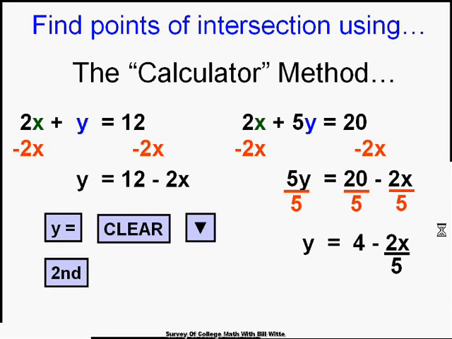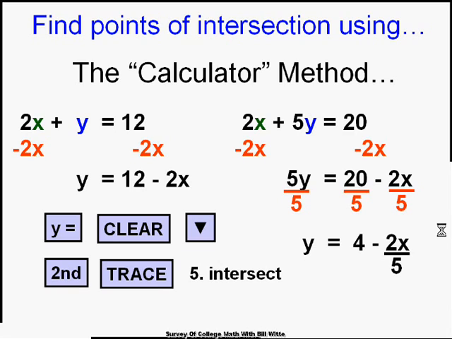Okay, now hit second trace. That's going to bring up the calc menu. And hit 5 for intersect, and it'll find the intersection of those two lines. You'll have to hit enter a couple times, but it will find it. How cool is that? Let me try it.